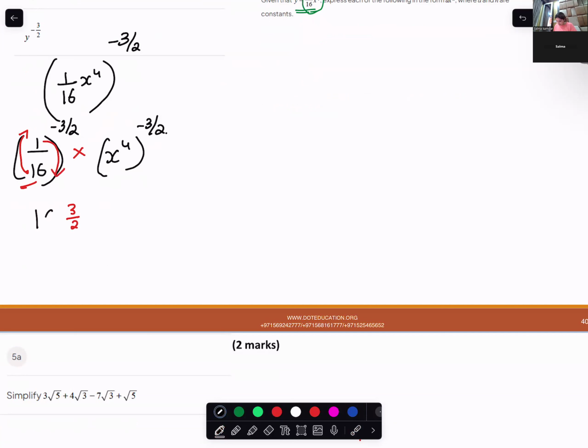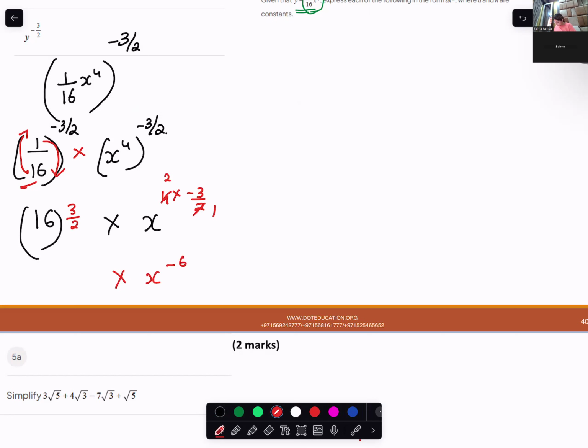So this becomes 16 raised to 3 by 2 multiplied by x raised to 4 into minus 3 by 2. This is 2 ones and this is 2 twos. So now this is 16 raised to 3 by 2 into x raised to minus 6.